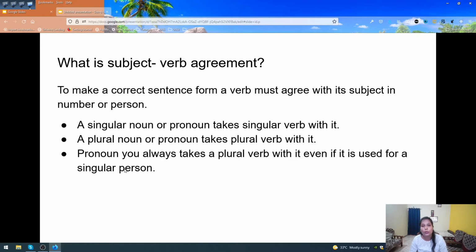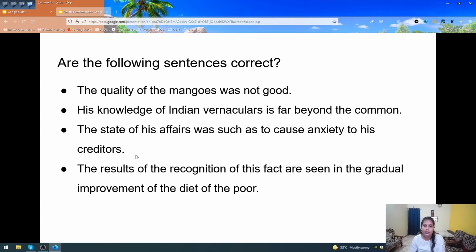We never say what you is doing. We always say what you are doing, even if we talk to only one person. So these are some basic rules to make our verbs agree with our subject, which should be kept in mind.